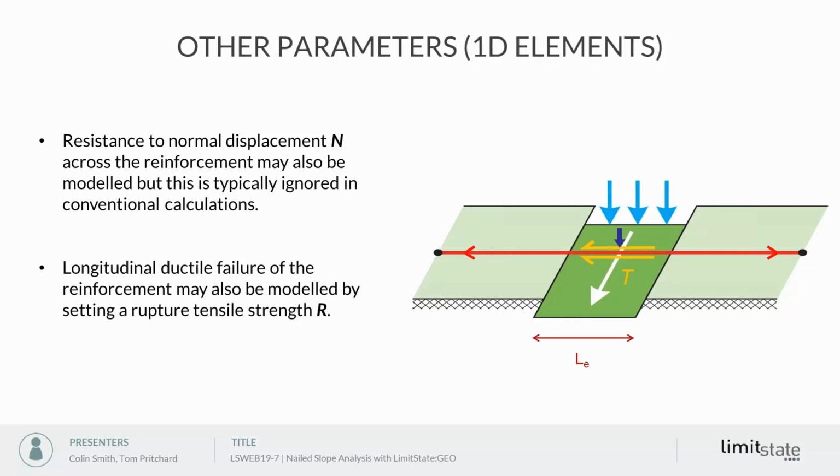But there are parameters called N in the software which you can set if you wish, but we're generally going to keep those at 0. And as I illustrated earlier on, if we have a tensile force acting in the reinforcement, we can put a limiting value on that by setting this parameter R, such that the reinforcement will fail if we get to that stress level.